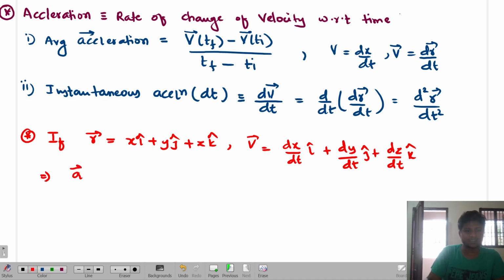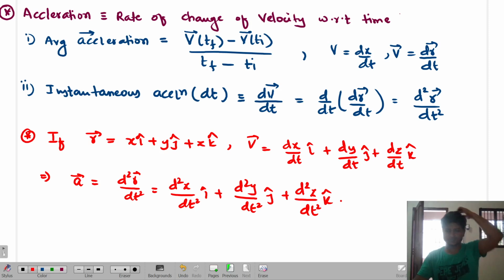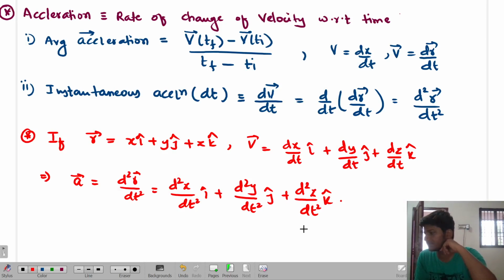So instantaneous acceleration vector is d2r vector by dt square, which means d2x by dt square i cap plus d2y by dt square j cap plus d2z by dt square k cap. Is this clear, guys, or not? Tell me. Yes. So this is the acceleration vector form, and the same applies if I consider average acceleration. Got it or not? Okay.